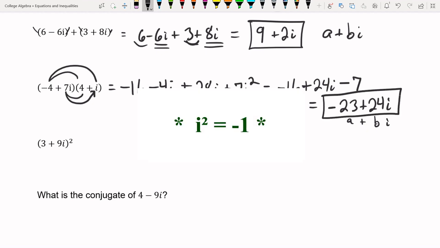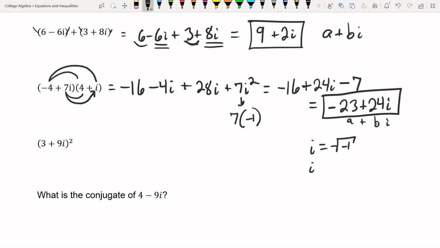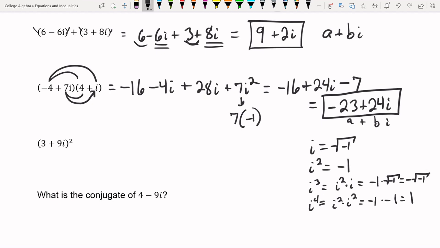It's important to note that i equals the square root of negative 1. i squared equals negative 1. i cubed equals i squared times i, which is negative 1 times the square root of negative 1, which equals negative square root of negative 1. i to the fourth equals i squared times i squared, which is negative 1 times negative 1, which is positive 1.